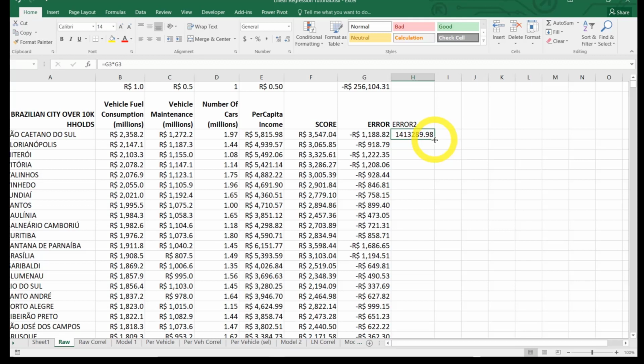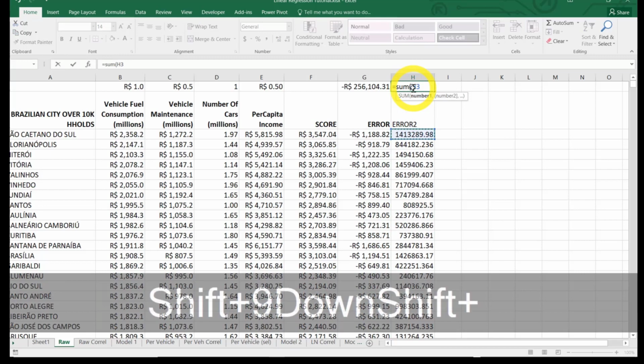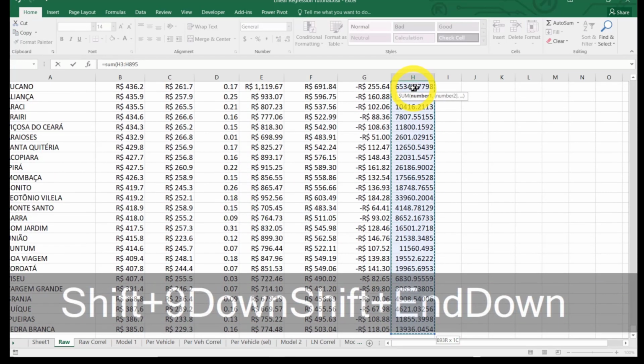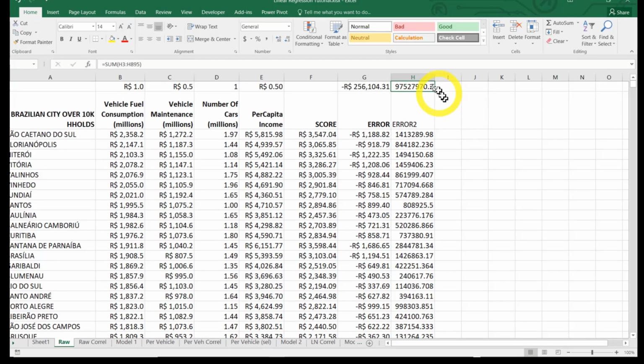It's going to say you're off. And this is going to be our standard of fit. So the best model would produce the lowest of this number here.